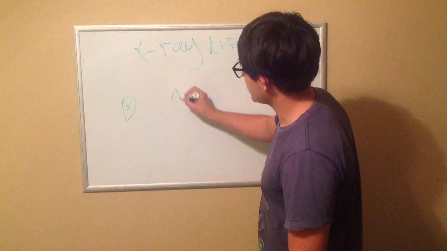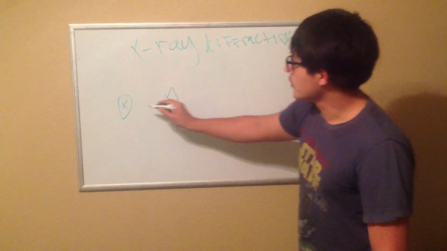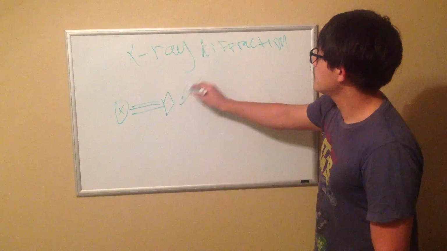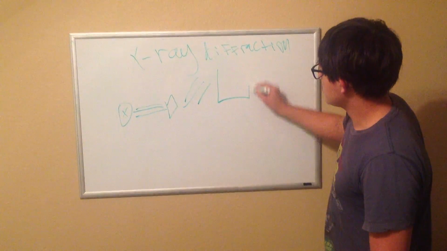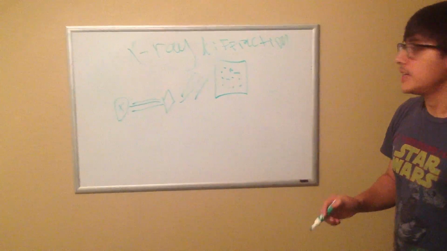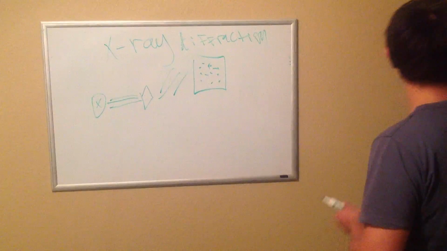Let's say just whatever crystal this is. And they'll shine X-rays at it, and then these get bounced off onto a screen that creates a very distinct pattern for each crystal. And based on this pattern, we can determine the structure of the crystal.